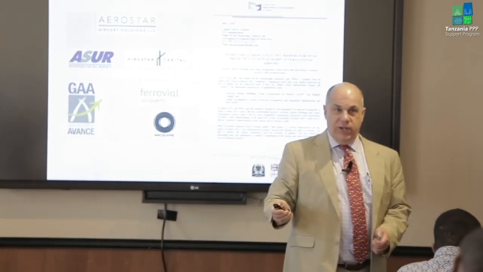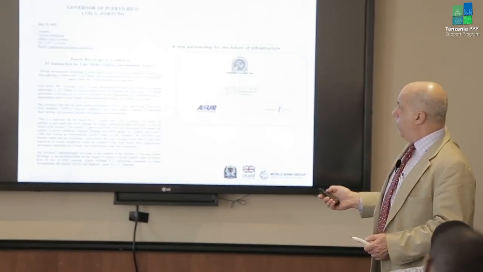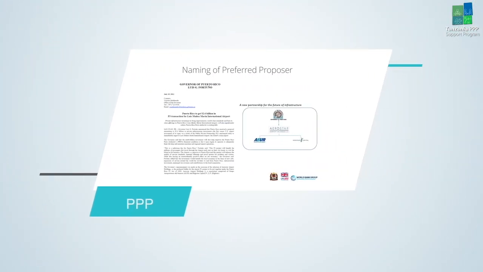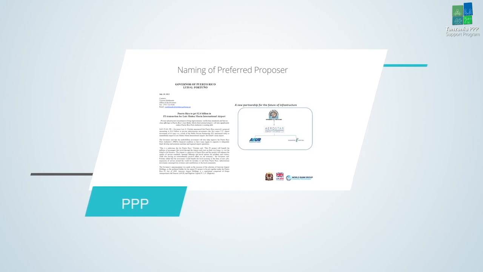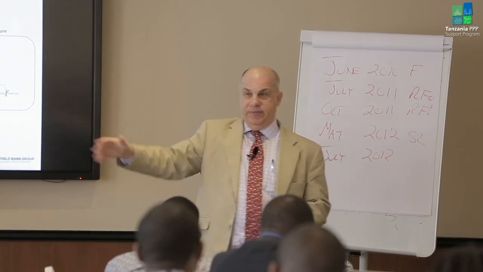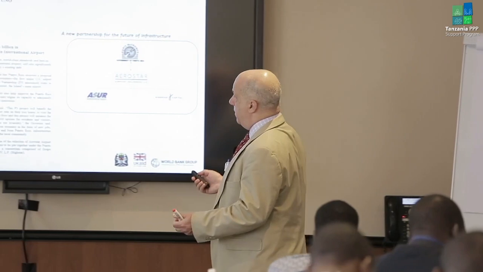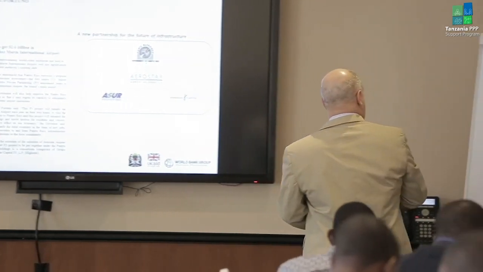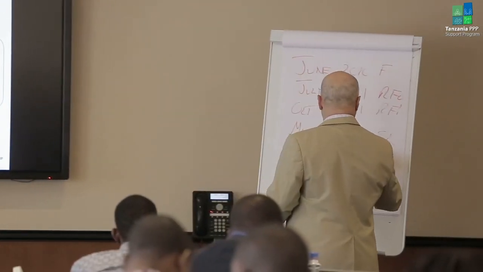These folks won the project. The project was worth US $2.6 billion over, I think, a 40-year concession. Aerostar paid the Puerto Rican government $610 million the day they took over the airport as an upfront fee. And so that was the July 2012 selection.